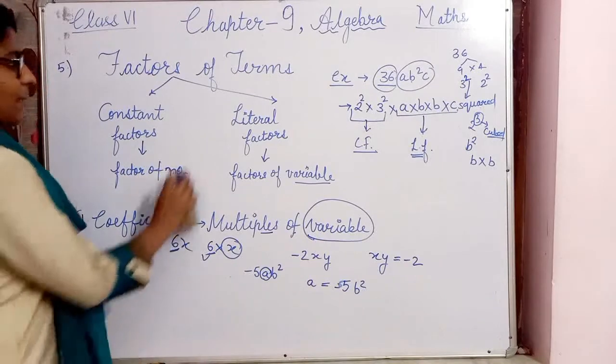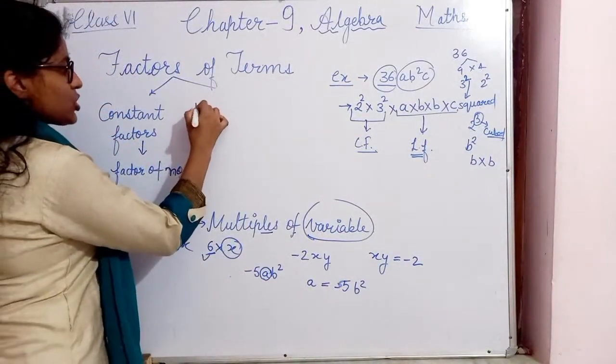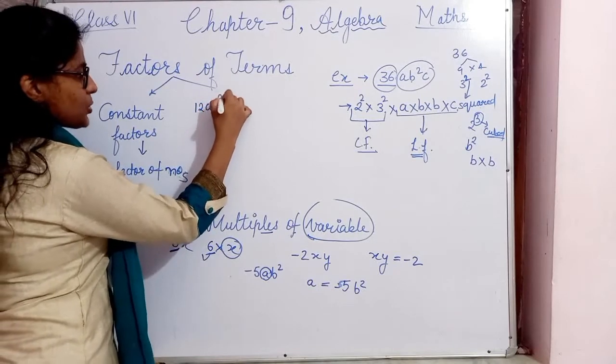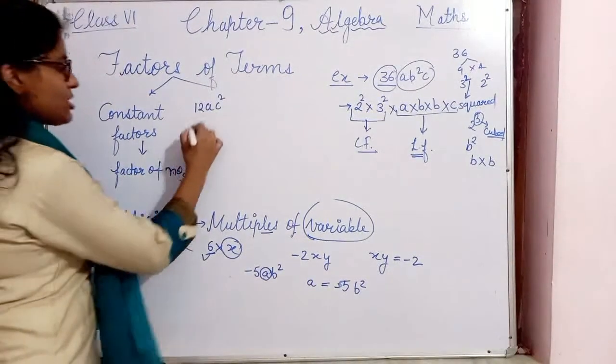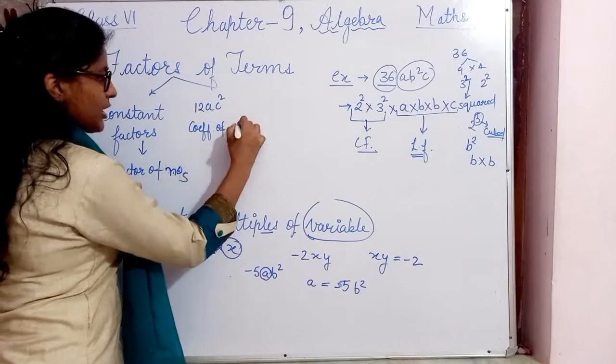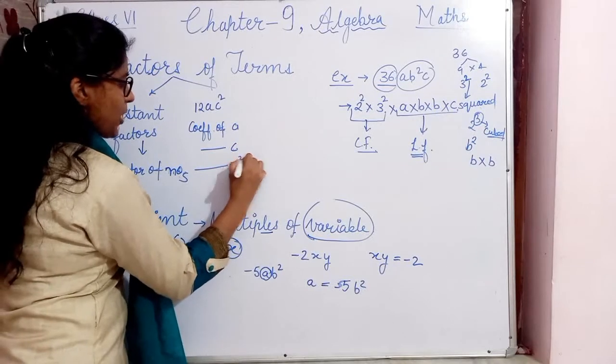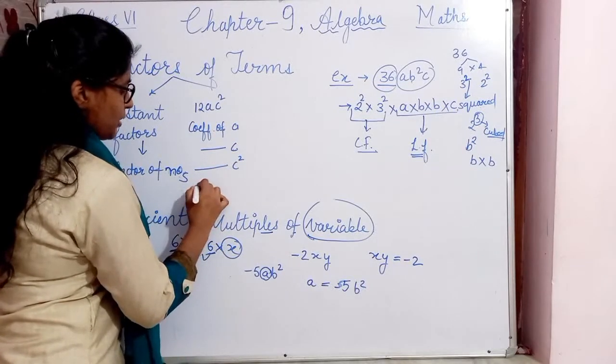Let's see some more examples. If 12ac square is given to you and the question is to find the coefficient of a, coefficient of c, coefficient of c square, and the numeric coefficient.